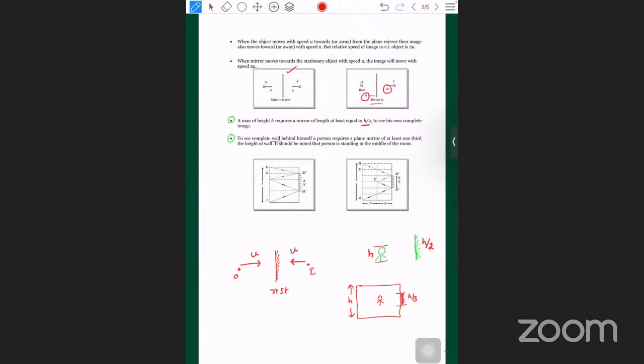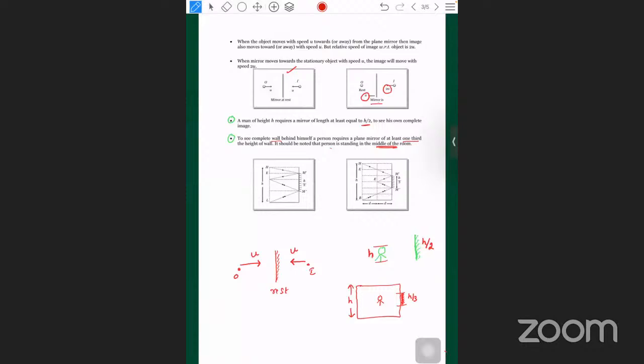To see the complete wall behind himself, the minimum height of the mirror must be h by 3, that is one third of the height of the wall. But remember, the person has to stand at the middle of the room. Got it? These are the basic related concepts of plane mirror.